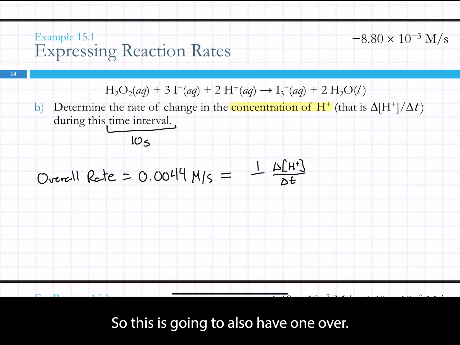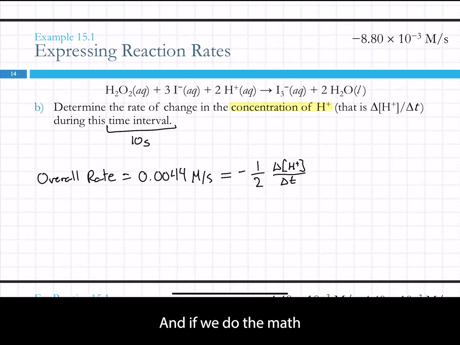But this is going to also have 1 over 2, and it's going to be negative. So you can't do the algebra, but because it's got a coefficient of 2, I know that whatever the rate is for hydrogen, it's going to be twice the rate of the overall reaction. So if I know the overall, I can just multiply by 2.